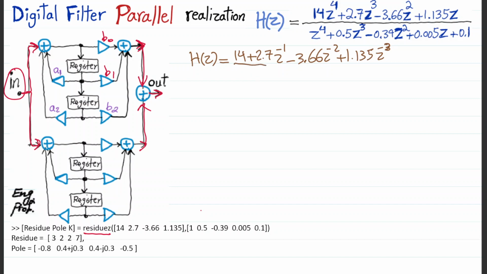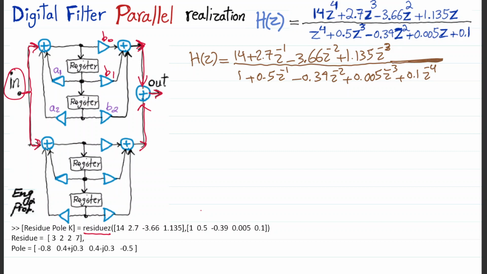So the numerator is a polynomial of order 3 in terms of z^-1. And then the denominator is 1 plus 0.5 z^-1 minus 0.39 z^-2 plus 0.005 z^-3, and finally plus 0.1 z^-4. That is what we can write in z^-1 format.